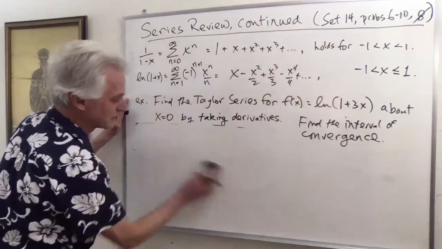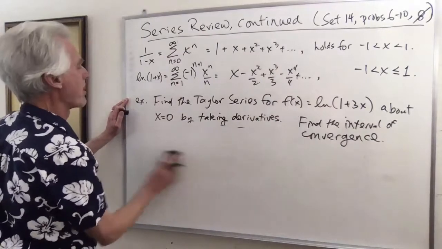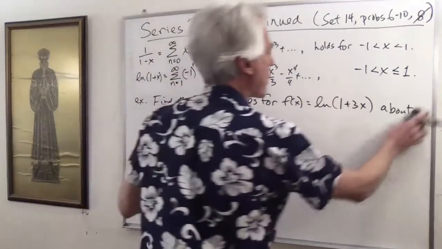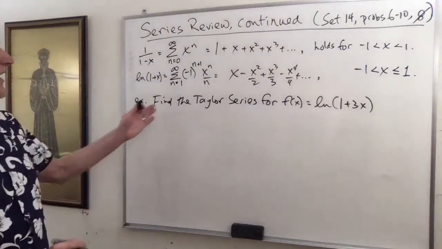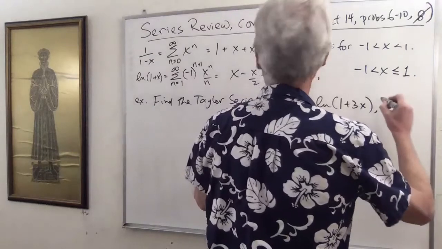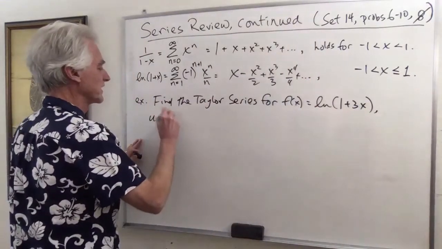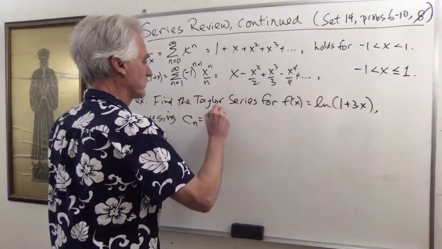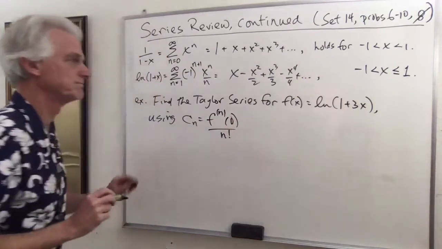This video is not going to be as quick as I had hoped, but all right. Okay. So I'm going to say, find the Taylor series of that, using, basically we're going to be using that Cn is the nth derivative of f evaluated at 0 over n factorial, right?